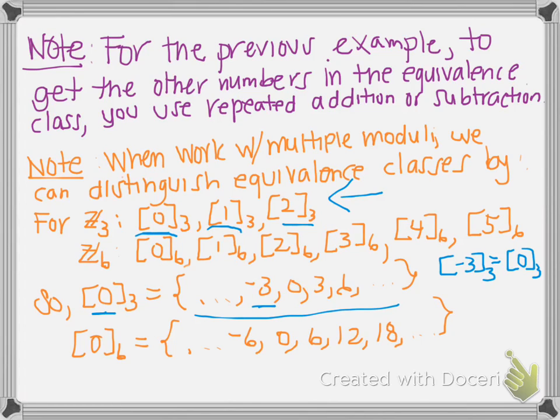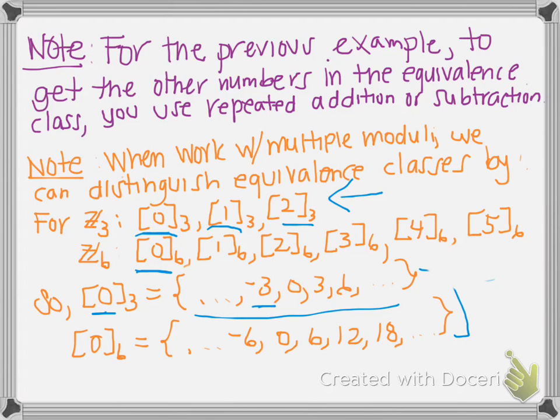That's sort of the convention we use, and you'll see on the next slide why we use 0, 1, and 2 instead of other numbers inside that equivalence class. But we can use this notation to distinguish between, again, the equivalence class of 0 mod 3 and the equivalence class of 0 mod 6. As you can see below, they represent two different values.